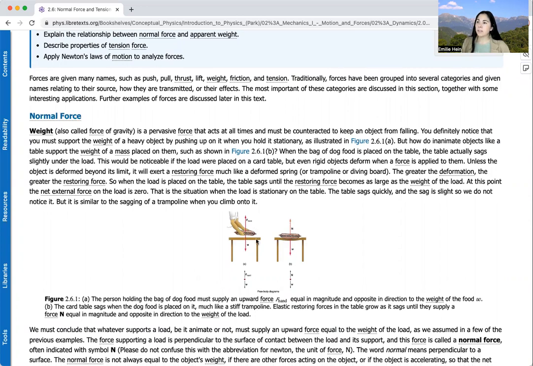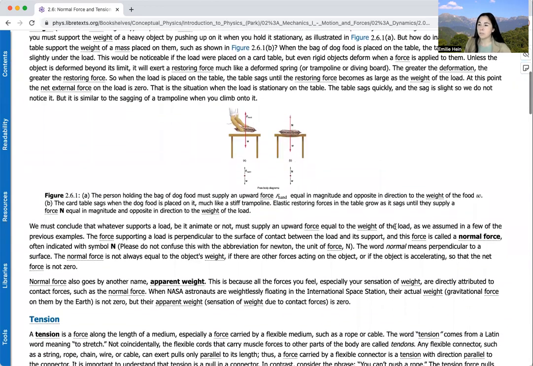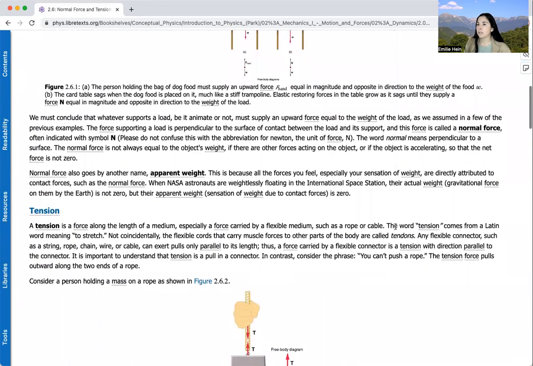We know that there is the gravitational force that's pulling it downward, but why is it not falling through? It's because the table is acting on the object, and that force is called the normal force. It's upward, and you can see it's exactly opposite to the weight of the object.